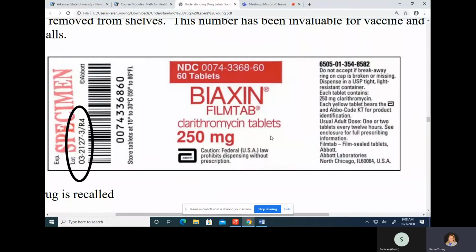And what is the generic name? Clarithromycin. And the form? Tablets. And what is my supply dosage? 250 milligrams per tablet. What's my total amount? 60 tablets. If you're ever asked, and sometimes I'll do this just to trip you up, we'll discuss it a little bit more before.